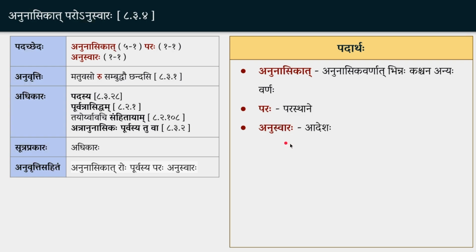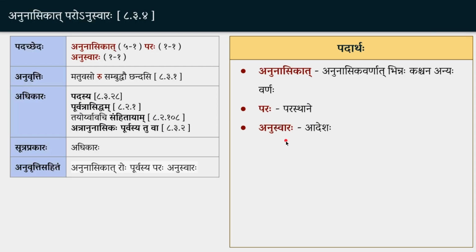And next one is anuswaraha bhavati, punaha anuswaraha iti adeshah. So what it says is, if there is any letter other than anunasika, then after that we'll get anuswara. So now we'll see the previous adhikara sutram.